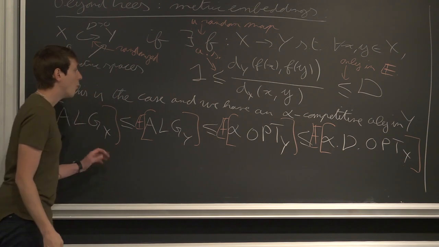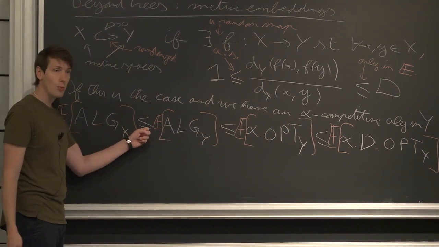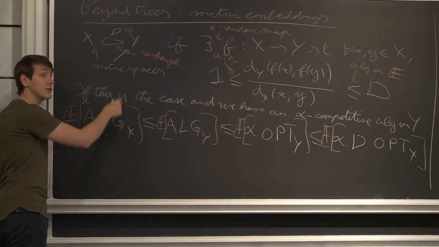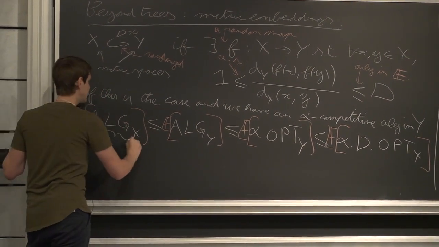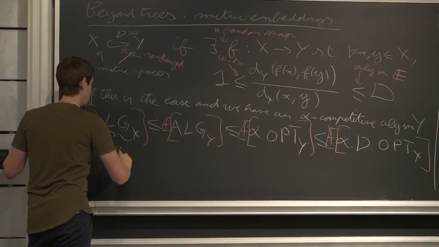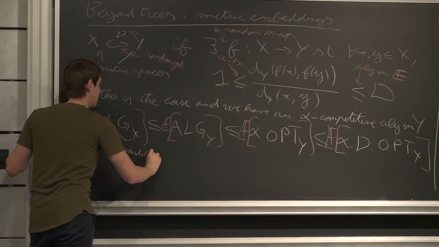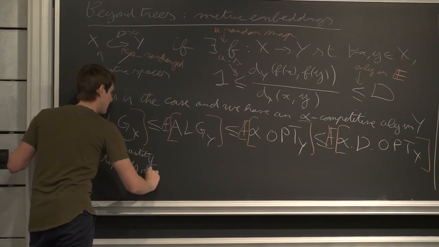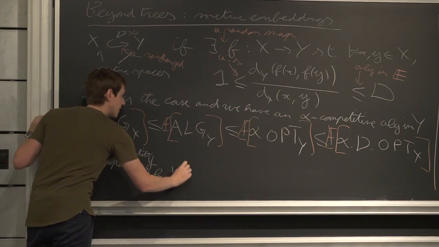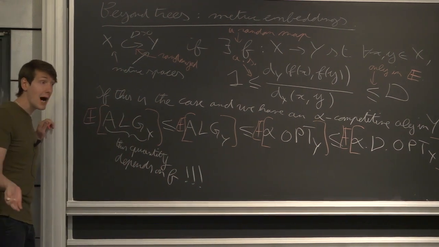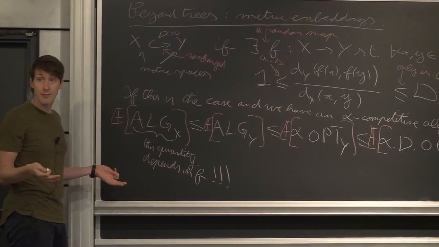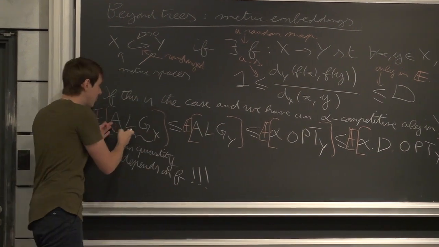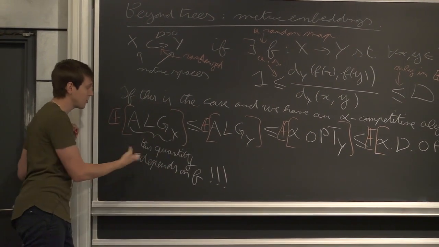Why did I need almost sure here? I needed almost sure because the algorithm depends on f. I'm going to run an algorithm in y which depends on the random mapping f, so I need this one almost surely, because I want to apply it to quantities that depend on f.